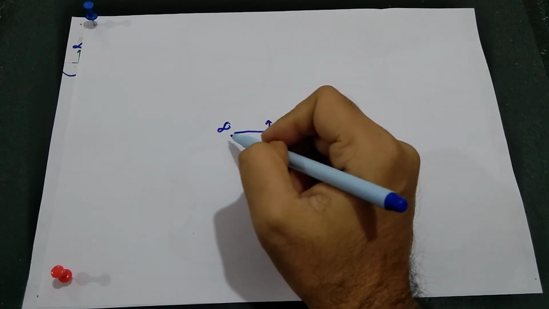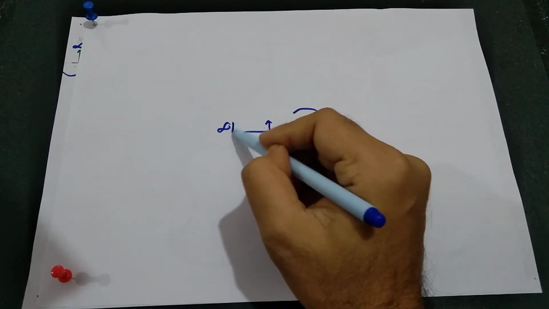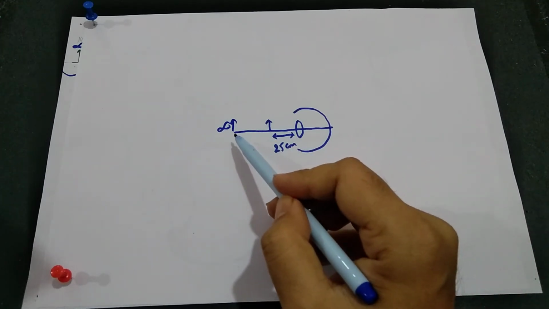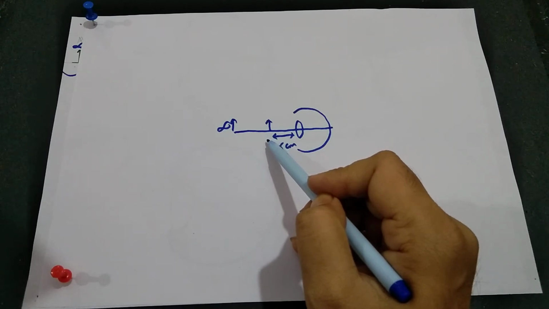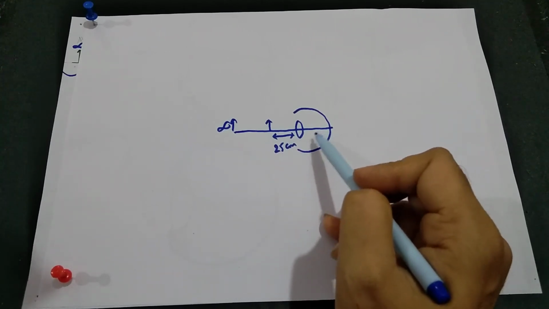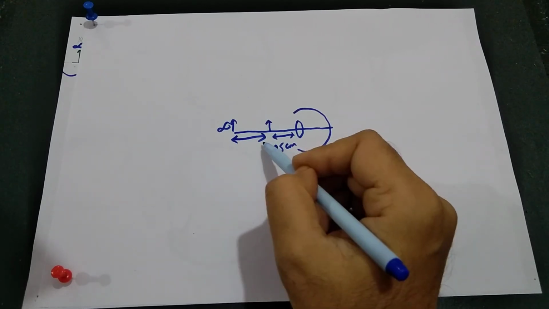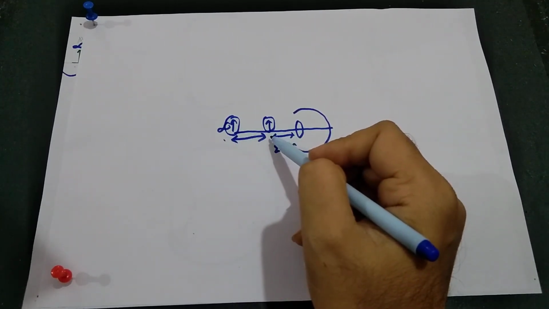For example, this is infinite distance. The distance between the far point and near point which can be focused by our eyes is called the range of vision. So this is the range of vision from here to here.